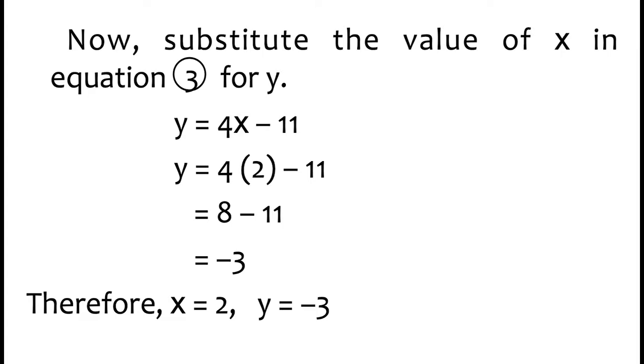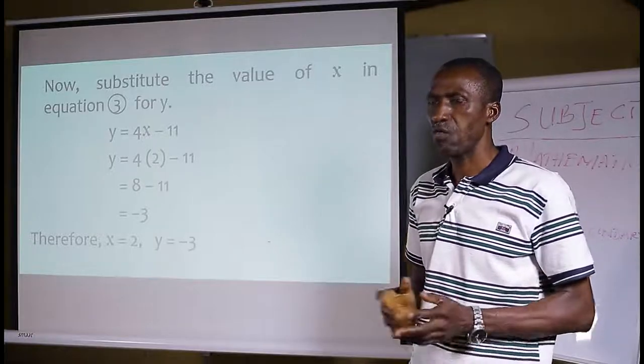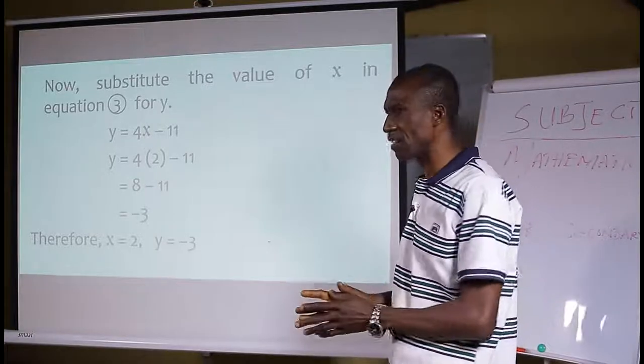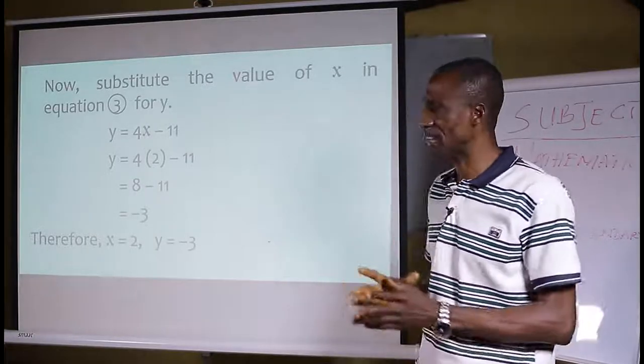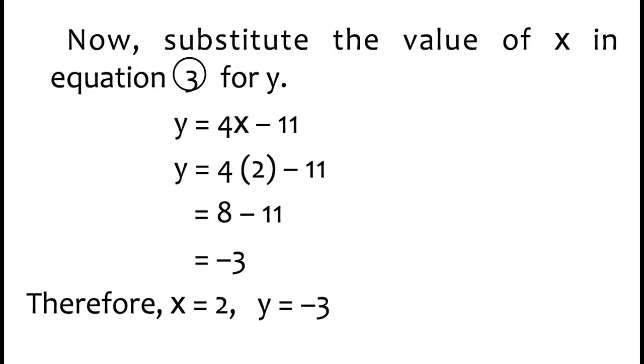So my y on the left is written equals 4 times 2 because the value of x is 2. Then minus 11. What is 4 times 2? 4 times 2, the answer is 8. So that gives y equals 8 minus 11.